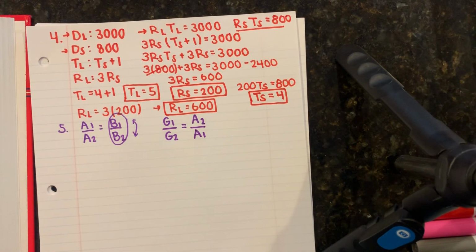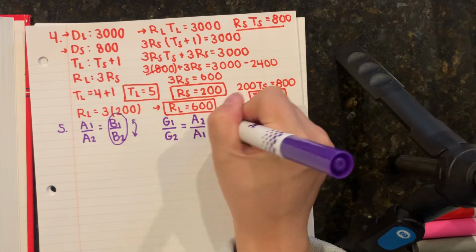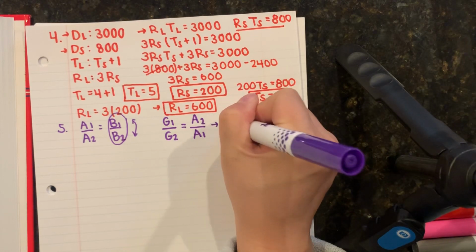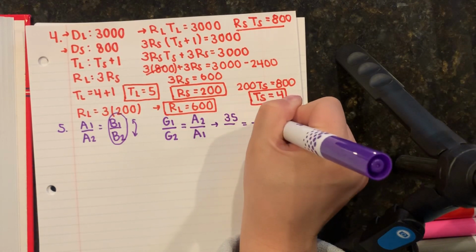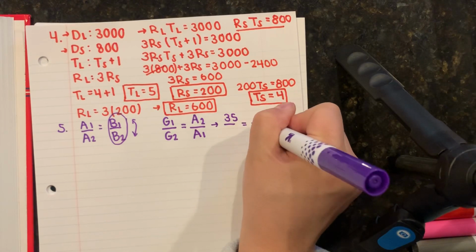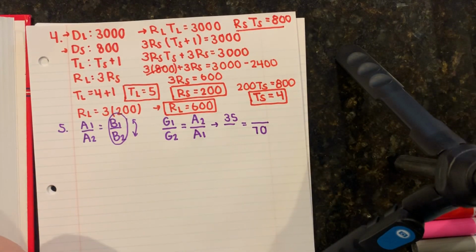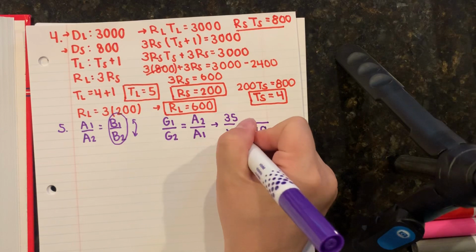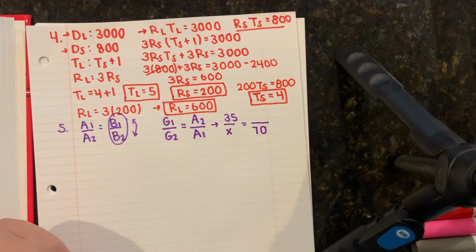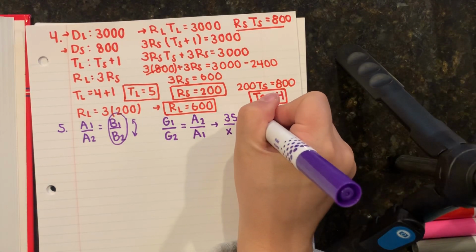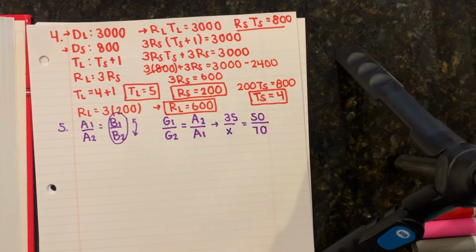So our first set of numbers for G1 would be 35 glabrous, then the average age was 70. So that means that my G1 is 35, and that my A1 is going to be equal to 70. Then it says how many were glabrous, so I'm trying to find G2 when the average age was only 50, so A2 would be 50.